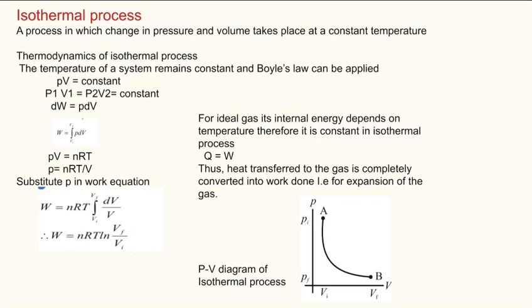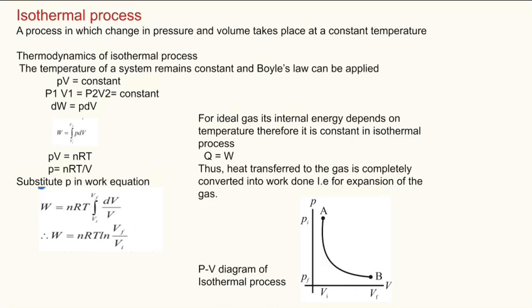Now we are talking about ideal gas equations. In an ideal gas, internal energy depends upon temperature. In an isothermal process, temperature remains constant, therefore internal energy will be constant. So the amount of heat supplied to the system will be completely utilized by work done. As you can see the graph of P versus V, this graph is for isothermal processes. The pressure and volume are changing.